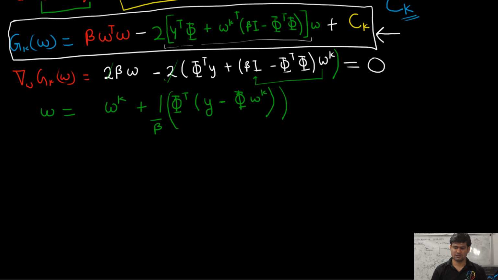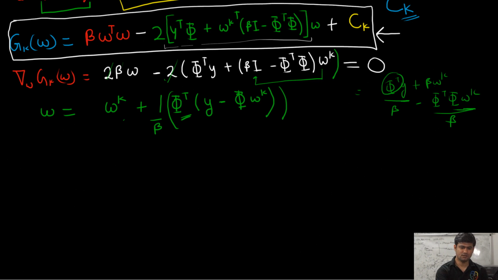So the right hand side becomes phi transpose y plus beta times wk minus phi transpose phi times wk. The beta would cancel for this term, so we have wk, and then division by beta for the rest of the terms. I just took the phi transpose common, and inside we have left y minus phi times wk.